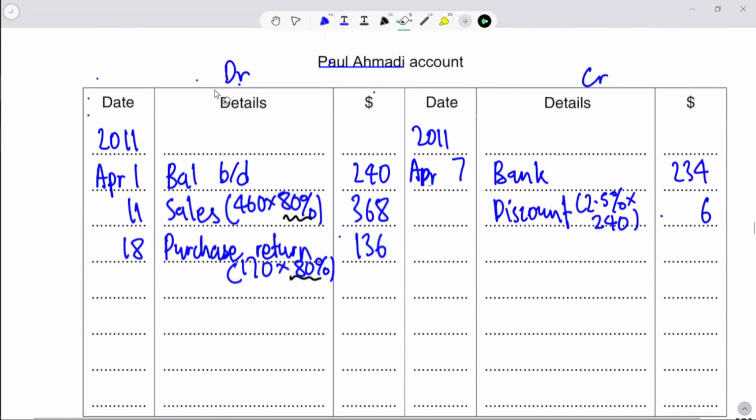So let's balance the account. So add all. This one will get 744. This one also add, so you get 240. This one is lesser, right? So put here.